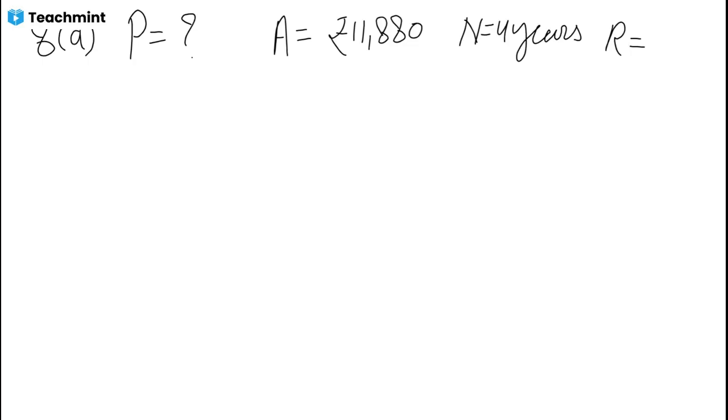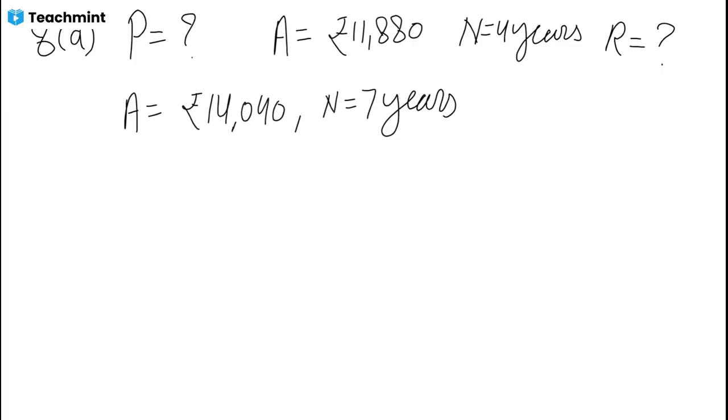Okay, fine. And you need to find r also. And amount is 14,040. Here n is 7 years. And also r is unknown. We need to find p and r.